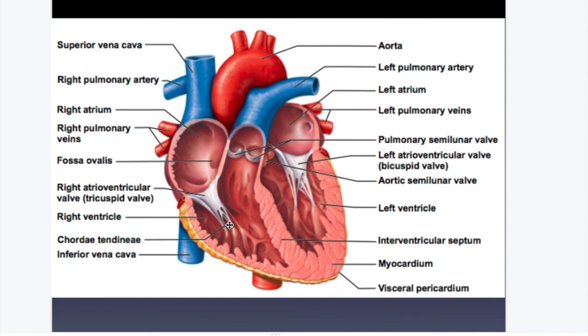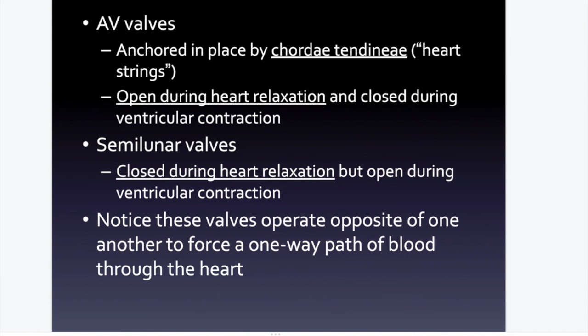The chordae tendineae are actually fairly tough, and when we do our virtual heart dissection, you'll be able to, I'll say, hear how strong they are, which doesn't really make sense now, but it'll make sense when we do that later. So those valves are open when the heart muscle is relaxed, and they're closed when the ventricles are contracting.